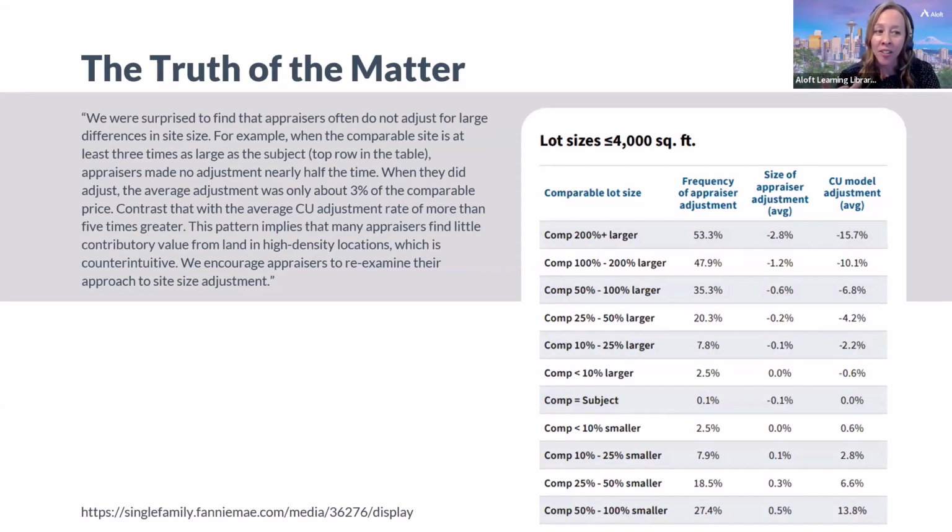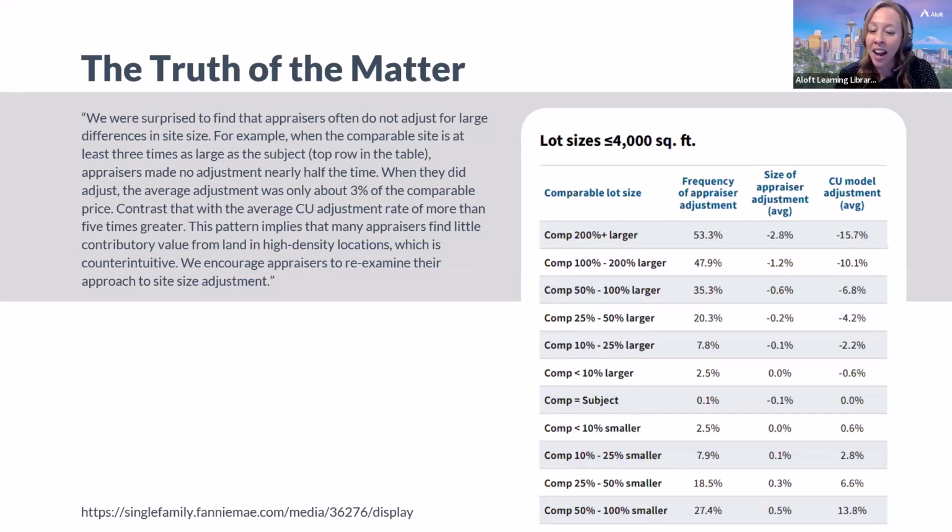They said, we were surprised to find that appraisers often do not adjust for large differences in site size. For example, when the comparable site is at least 3 times as large as the subject property, and they're referring to that top row in the table, appraisers made no adjustments nearly half the time.